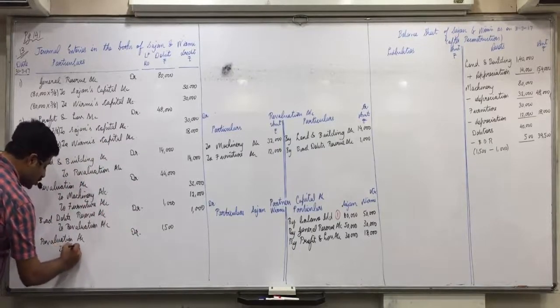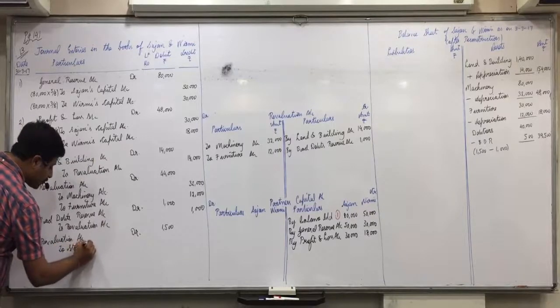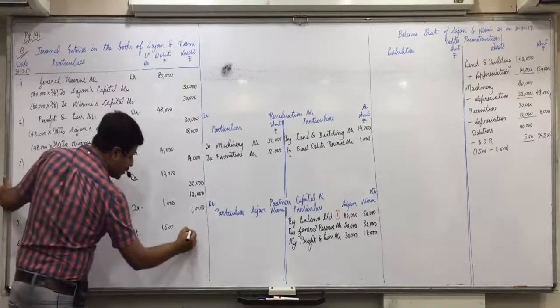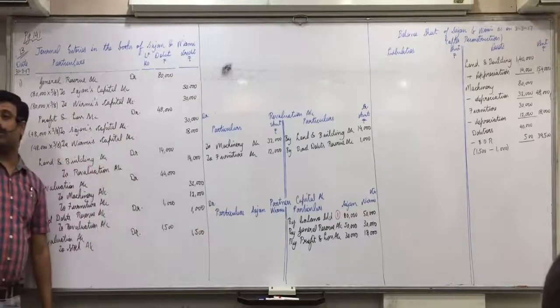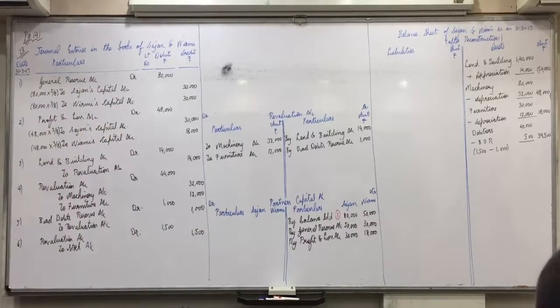What you credit is to stock account 1500. Are you okay with this? Being repairing expense on stock.